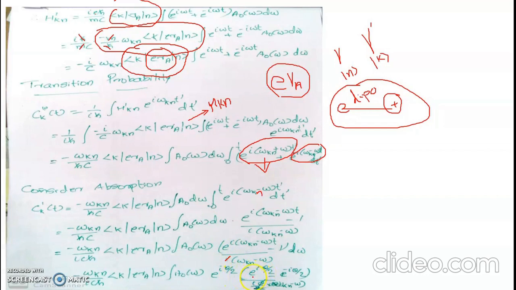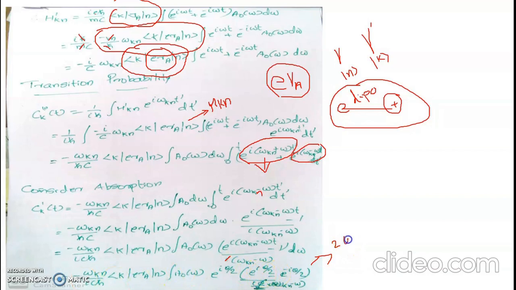This is of the form e raised to i theta minus e raised to minus i theta, which is 2i sin theta. So that i will vanish with this i, and this term becomes 2 taken out, since you have 2i sin theta here.